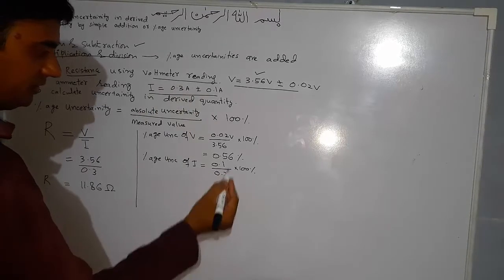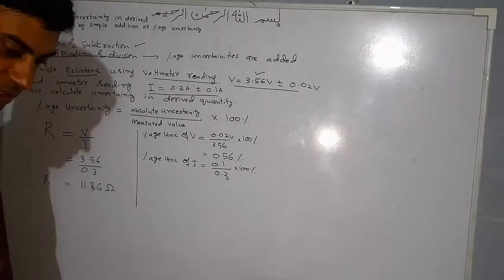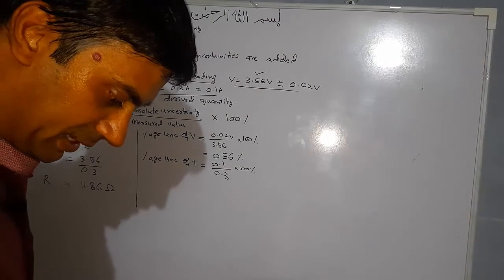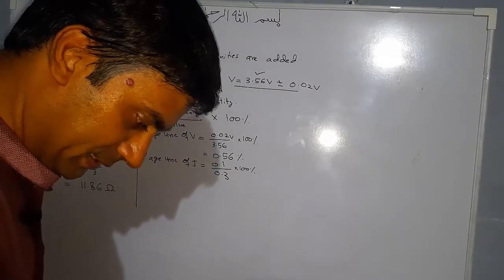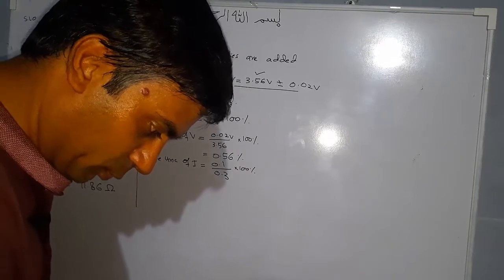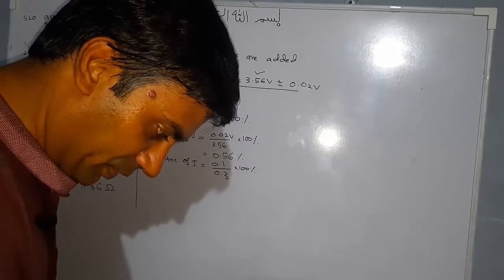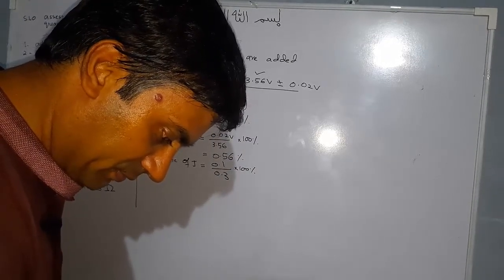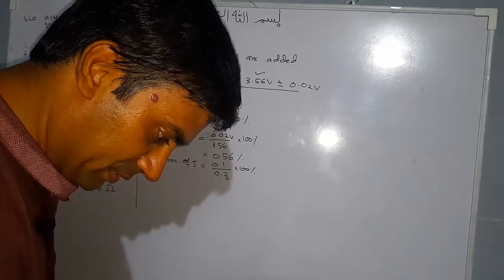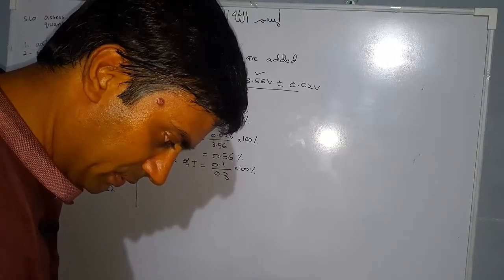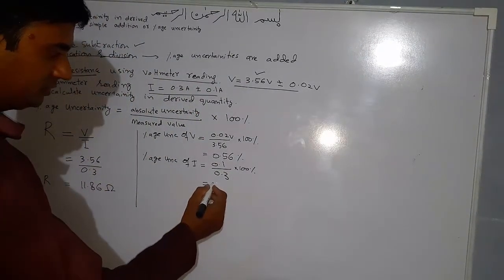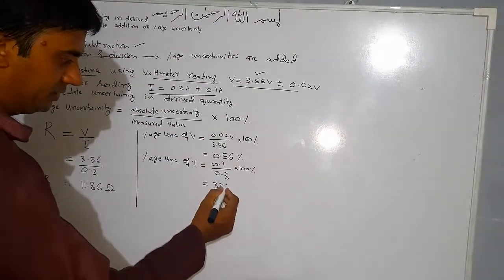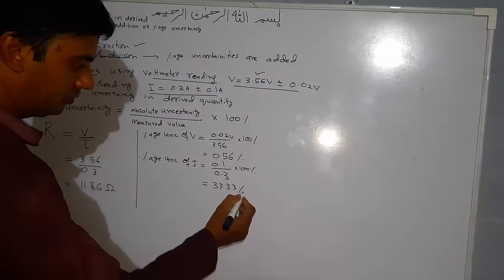After division, we can write 0.1 divided by 0.3. We have 33.33%.